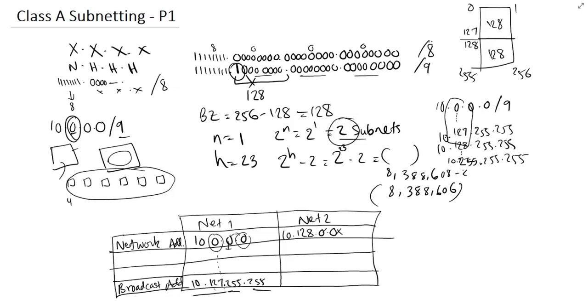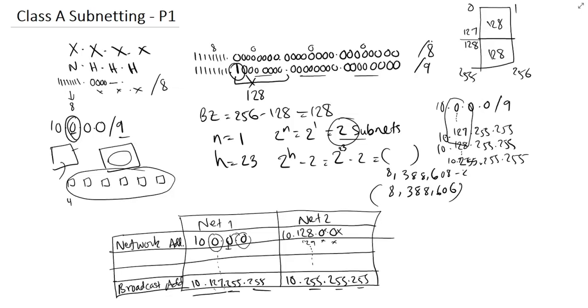Every time the right hand side becomes 255, this changes 1 digit until it reaches 255 here and 255 here. Then only the 128 becomes 129 until it continues and it reaches 255, where they all completed 255, 255, 255, but we can't move beyond that, so we stop at 10. This is the broadcast of the second network.